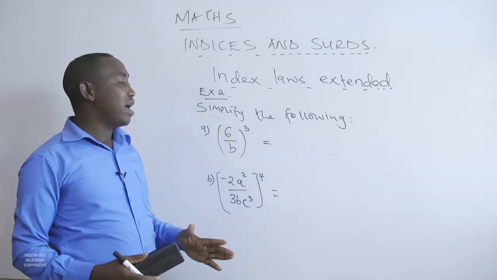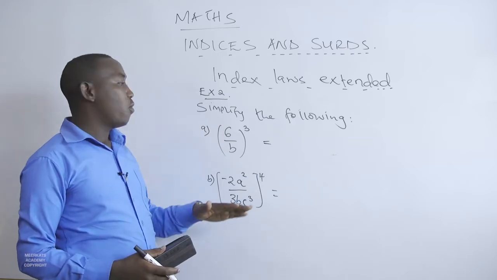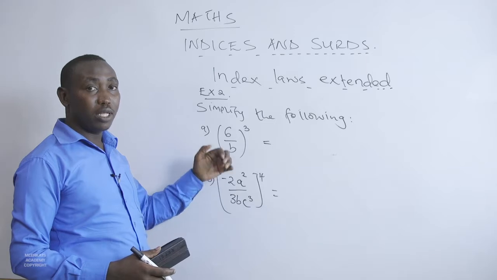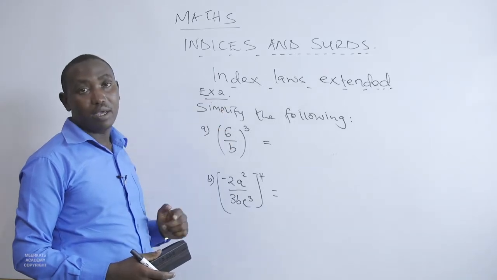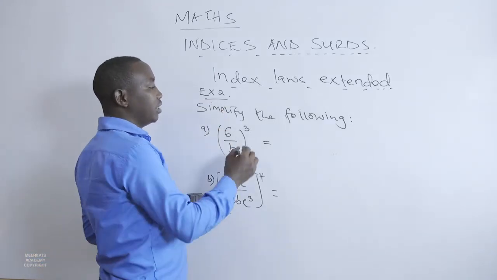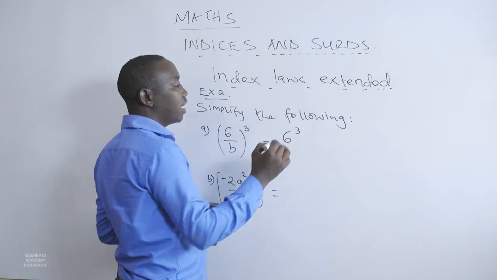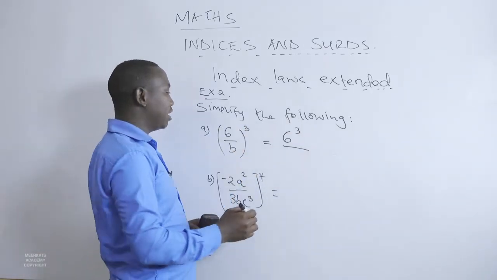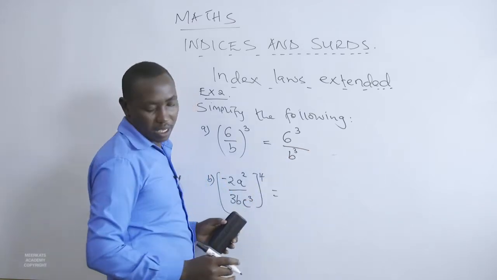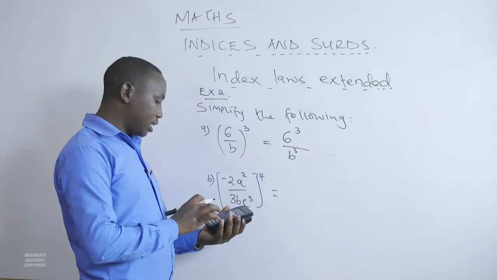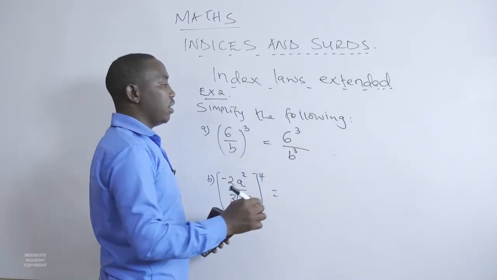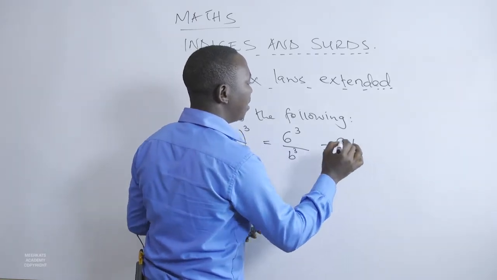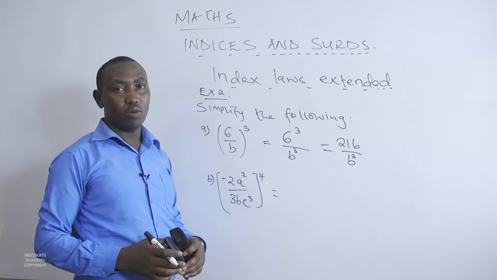Now we had said whenever we have division, we are still going to filter the power inside to both the numerator and the denominator. So in this case, we are going to have 6 raised to the power of 3 divided by, again b will be affected by that power, we shall have b cubed. Now when you get 6 cubed, you'll get 216, all of this divided by b cubed.